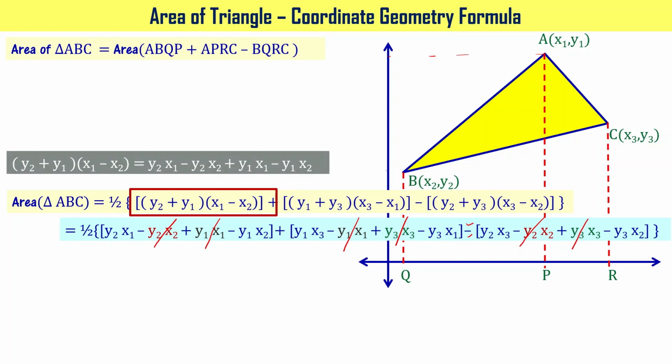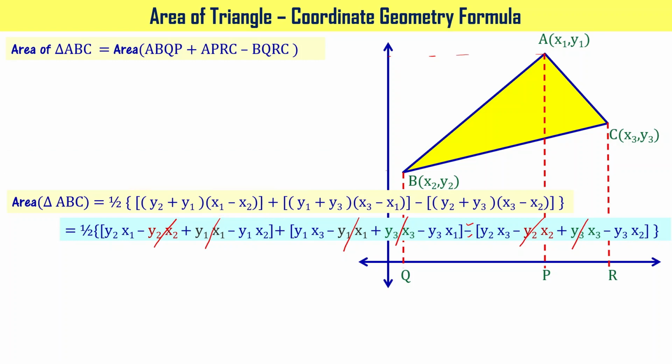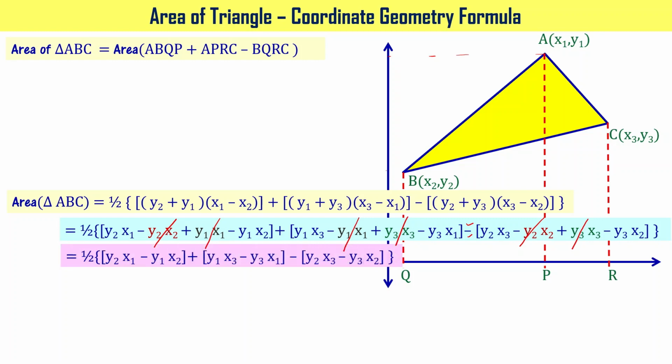Once I cancel, I can write the rest of the equation as half times (y2 x1 minus y1 x2), that is from the first part, plus (y1 x3 minus y3 x1), plus (y3 x2 minus y2 x3), right?